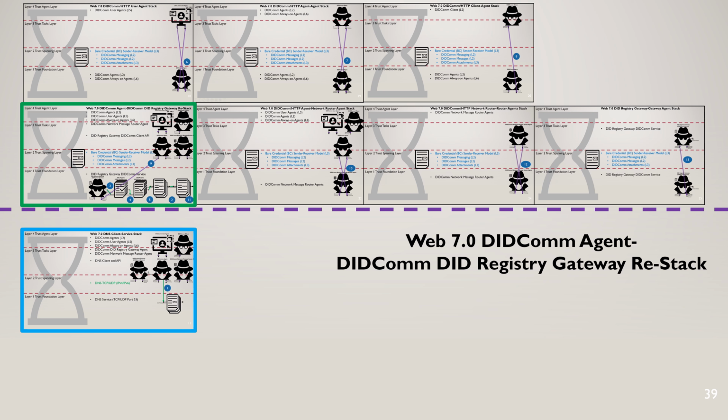So any of the 5 DIDComm agents, specializations of a DIDComm agent, they need to access DNS. They need to be able to look up service endpoint URLs and those sorts of things. So we just have a very simple SLAM stack number 1 still residing below the line, accessing DNS in the traditional way.